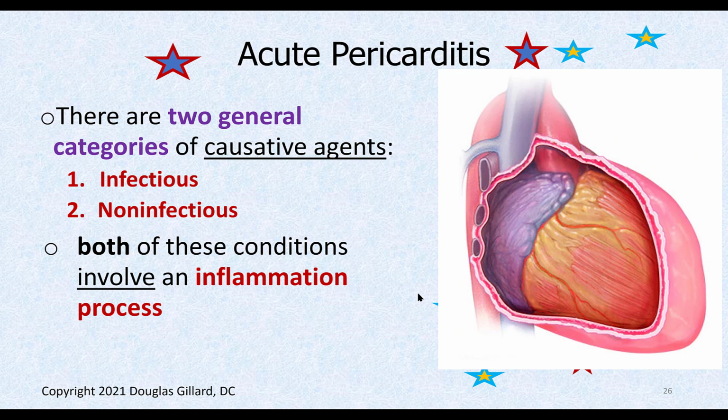There's 2 general categories of acute pericarditis. There's infectious and non-infectious. Both of these conditions, however, result in inflammation. And inflammation irritates the serous cells or serosal cells, and it causes them to overproduce serous fluid, and it can get so bad that you can start to get tamponade from that condition.